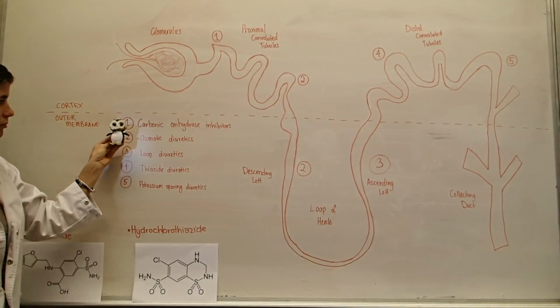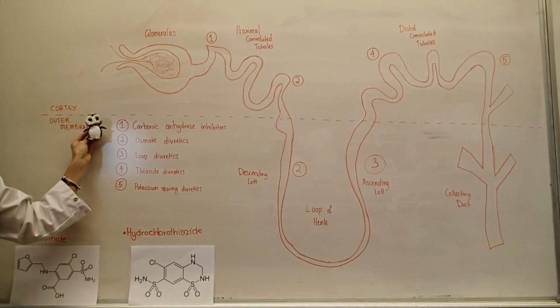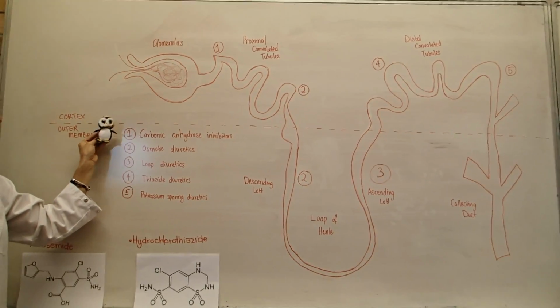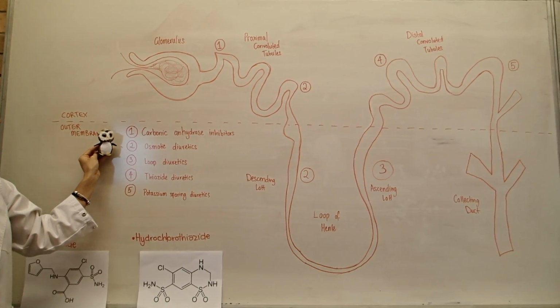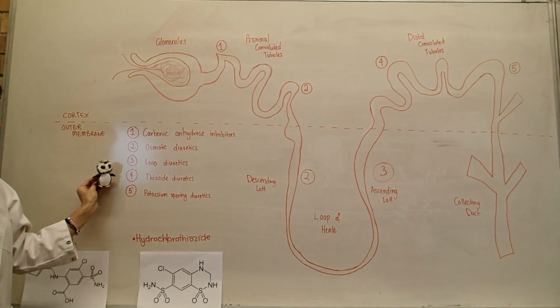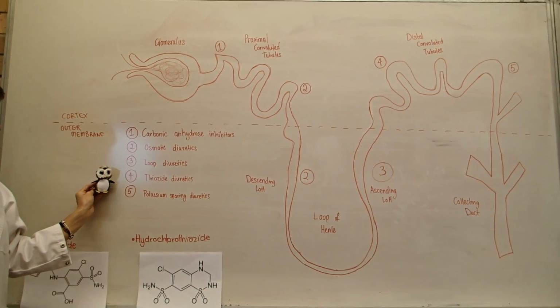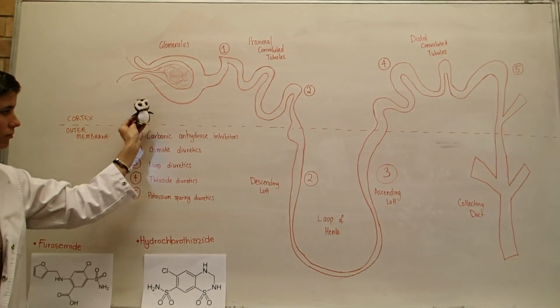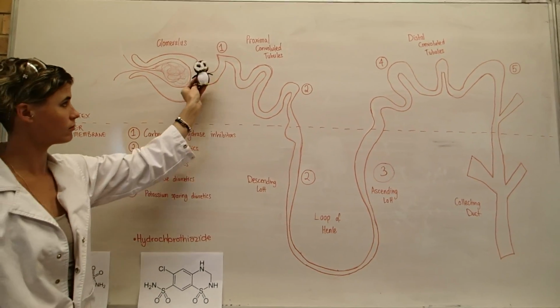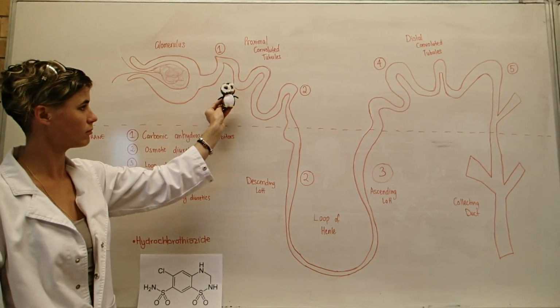So, diuretics are drugs used to increase urination in order to remove excess water from the body. This is why they're known as water pills. There are 5 main types of diuretics, which each have a different mode of action that works on a different site on the nephron. So the first type of diuretic are carbonic anhydrase inhibitors, which work here in the proximal convoluted tubule.